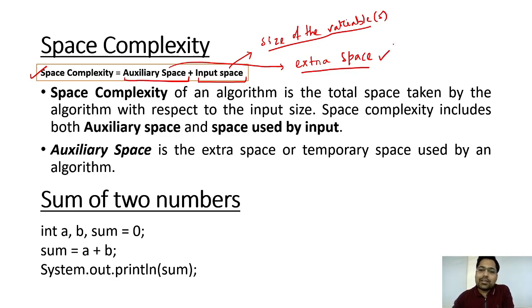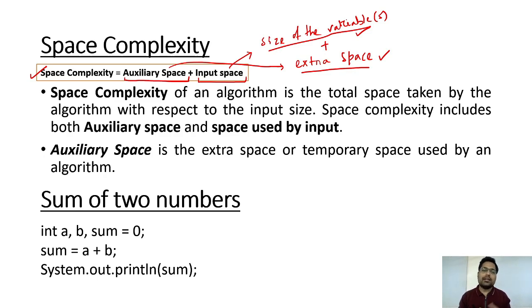So extra space plus the size of the variables which have been used is called the space complexity. If you add both, it will give you the idea about the space complexity, because these are the space needed to complete a task.